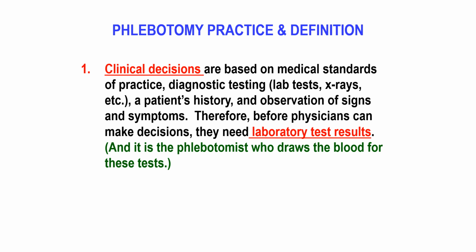So you can understand that if that sample is not a good sample, then the results we get from that sample will not be good, which means the doctor is making clinical decisions about his patients off of not great information, right? So we know that we're a valuable part of the healthcare team and we need to do our job to the best of our ability.